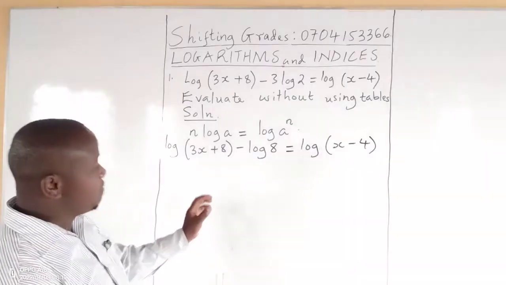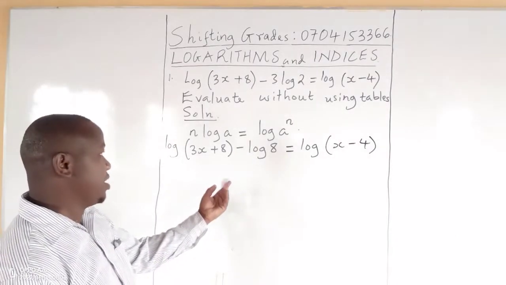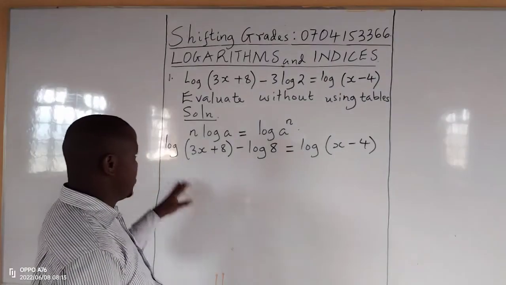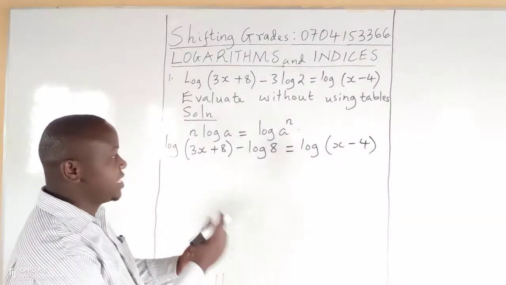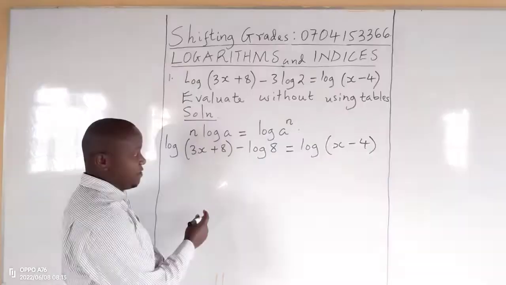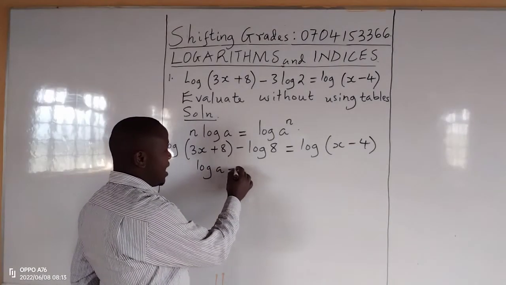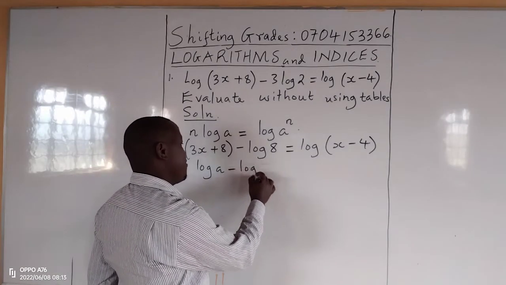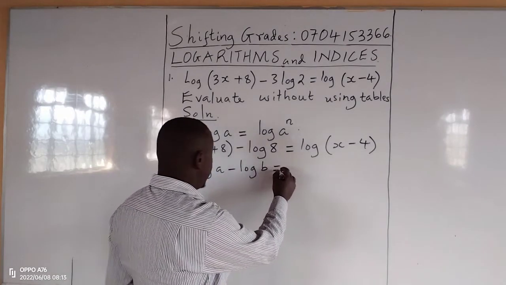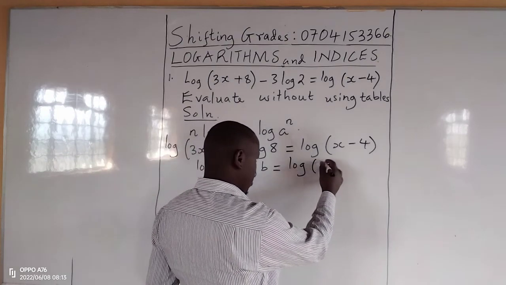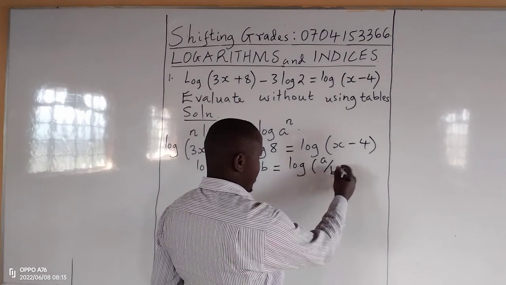We can look further at the equation and we discover that we have a negative here. If we have logarithms subtracted, this takes us to the subtraction law of logarithms, which says that the logarithm of a number a less the logarithm of another number b can be evaluated by taking the logarithm of a divided by b.